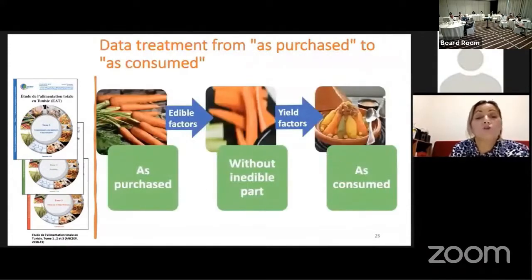The first step of the consumption data transformation was the conversion of the food quantities as purchased to quantities without the inedible parts. For this conversion, we used the inedible factor of our National Institute of Statistics.